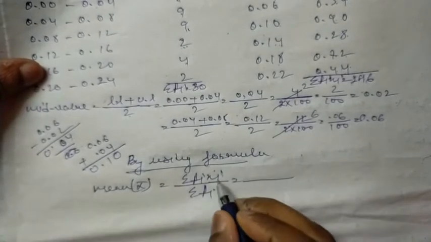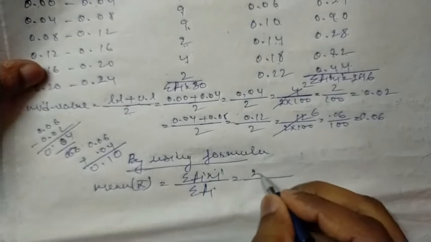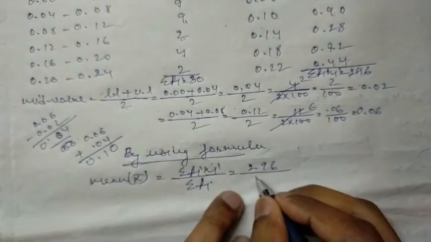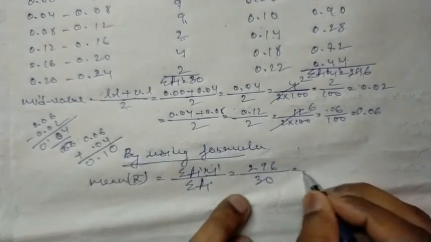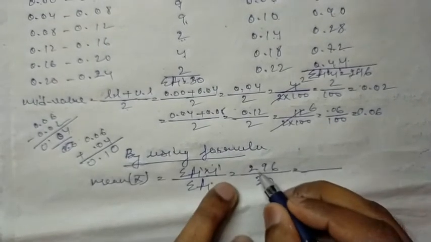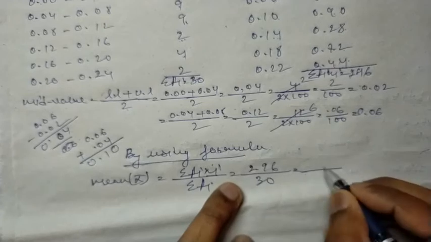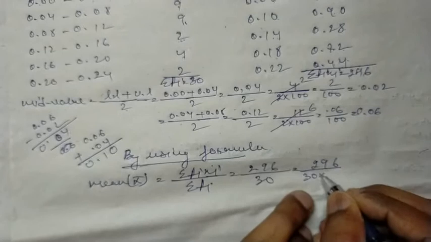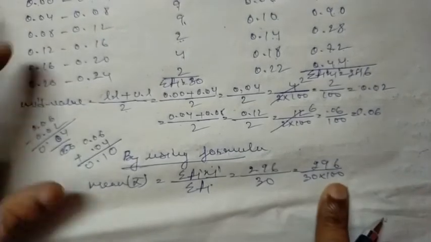So sigma fi xi is 2.96 divided by 30. Here we can remove the decimal, so it is 296 over 30 into 100, right?